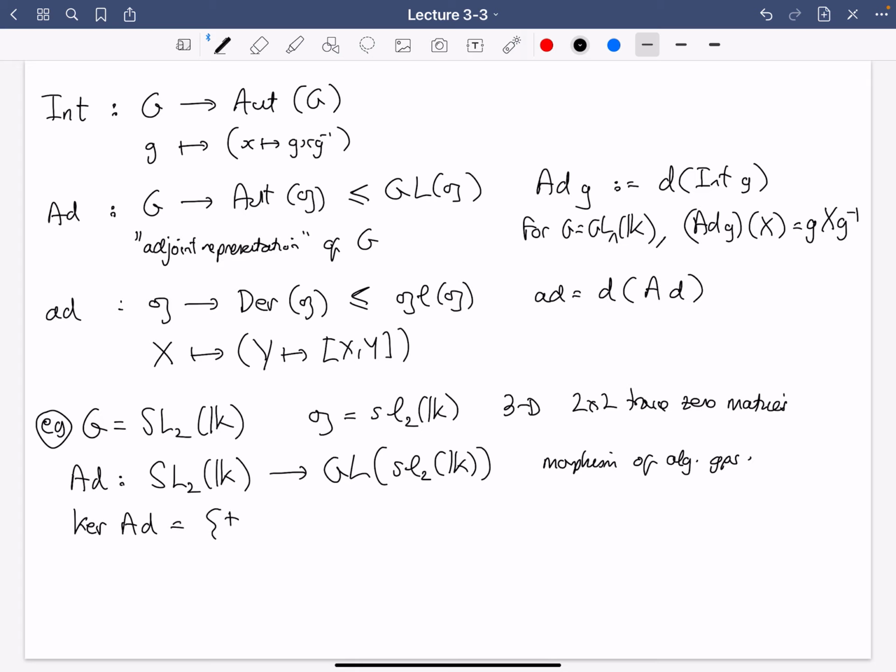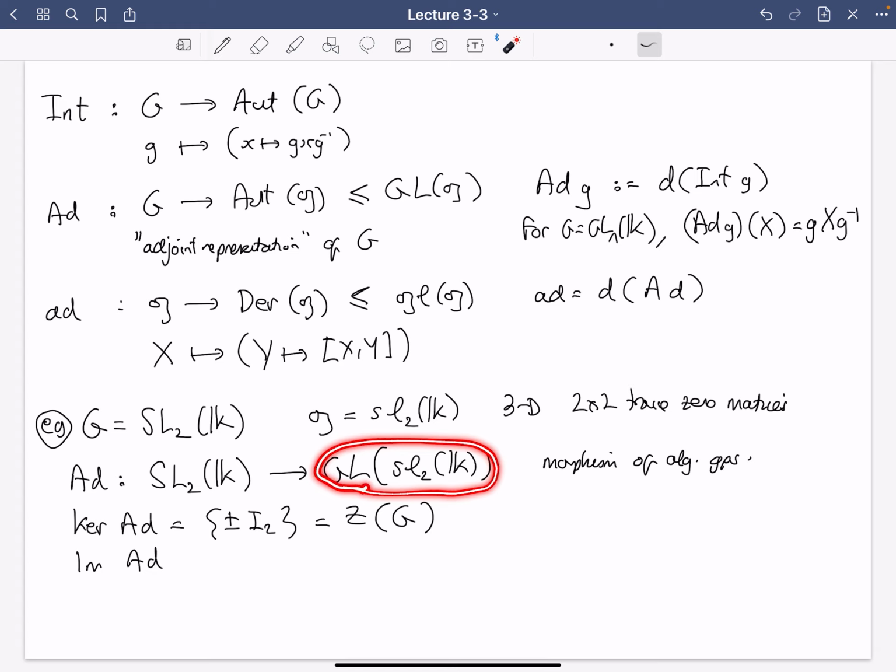It's just the scalar matrices plus or minus the 2 by 2 identity matrix, which in this case is exactly the center of the group G. And the image of Ad, as this is a morphism of algebraic groups, its image is automatically a closed subgroup of that general linear group, GL3 of K. And the image is the correct definition of the group PSL2 of K, the projective special linear group.